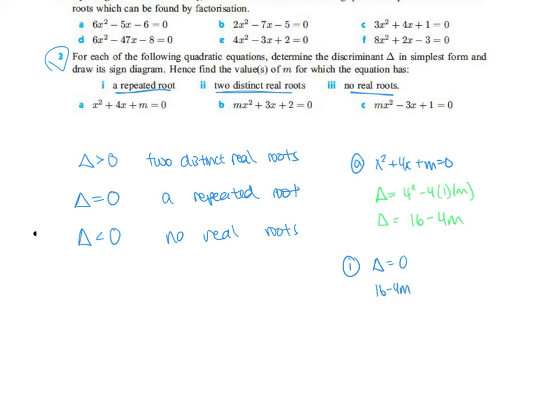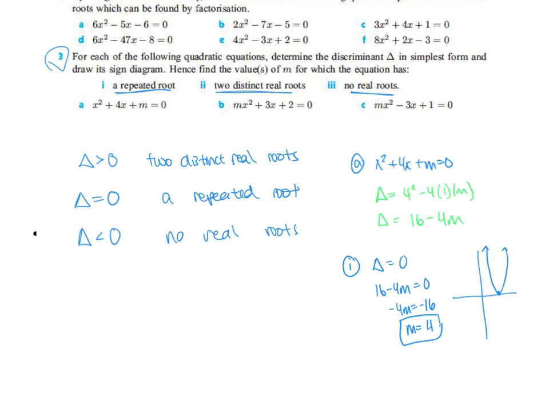So 16 minus 4m would equal 0, so negative 4m equals negative 16, so m would have to be 4. When m is 4, this quadratic touches the x-axis and only has one real root.